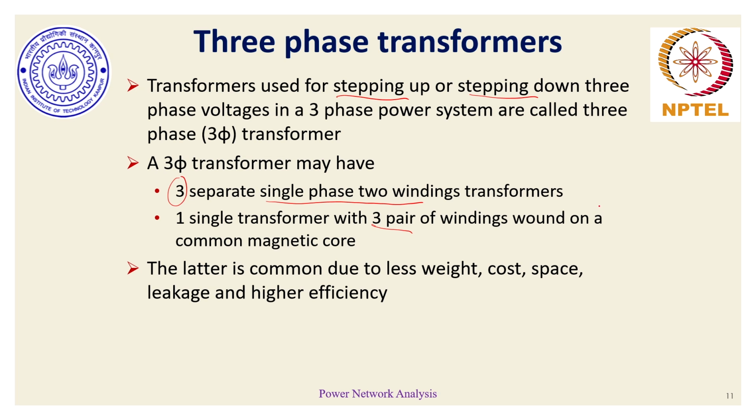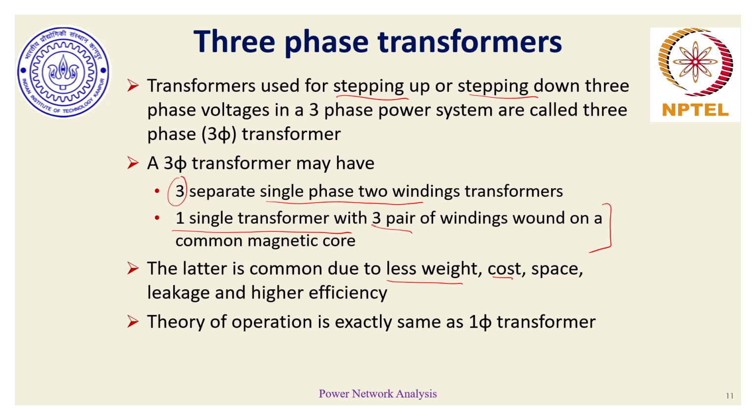Usually the second option is preferred industrially because there would be substantial savings in the core component and in insulation requirement. Essentially the weight, cost and space of the transformer would be substantially reduced if the three-phase transformer is realized with a single transformer core, with all three pairs of windings wound across it.